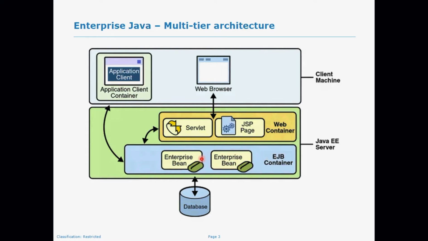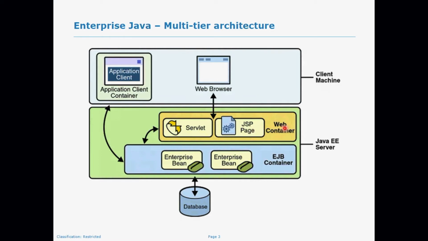The business logic tier interacts with the database, processes all the information and sends that data back to your web container, which is the servlets and JSP pages. Your web container then takes in all that data and sends it back to the client in a presentable format. So that's the presentation logic.